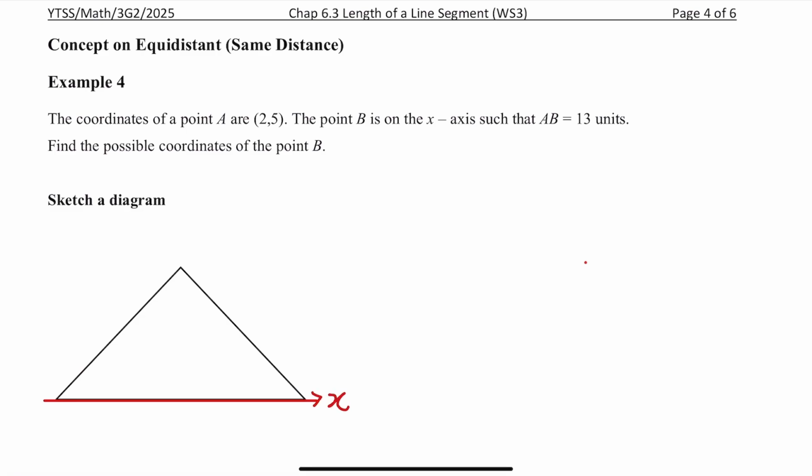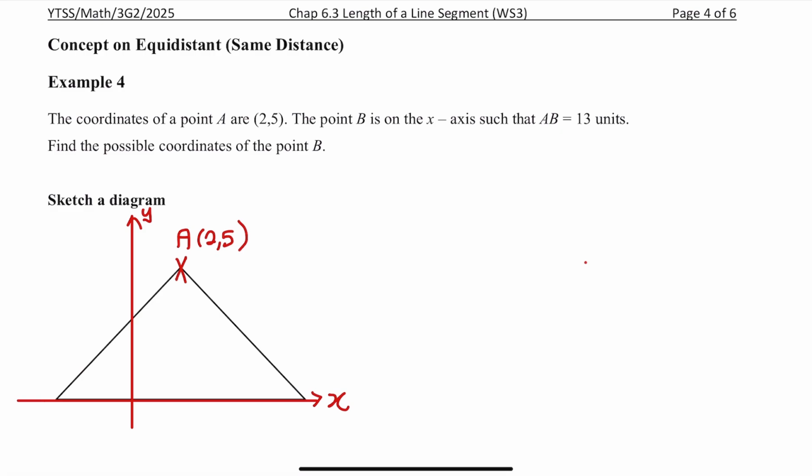Okay, then over here, I know that point A is (2, 5). So maybe if I draw my vertical y-axis something like this, this means that I can call this point A, which is (2, 5). From here, the question says that B is somewhere along this x-axis such that A to B is 13 units.